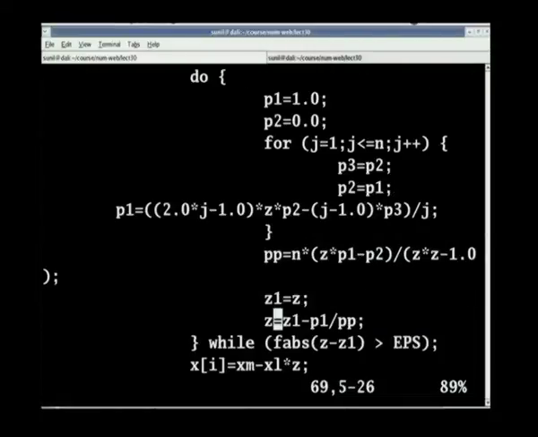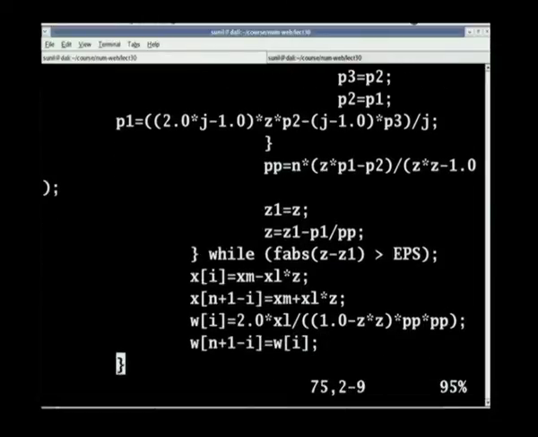So I compute z1 as z1 minus p1 by pp. So pp is the derivative and p1 is the polynomial of the desired order I wanted. Okay, I am just using p1, but it is a polynomial of the desired order I want, because I have gone through this loop n times in the recursion relation, and I obtained p1, which is now the order of the polynomial I wanted to get, and then I can use this to get my zeros.